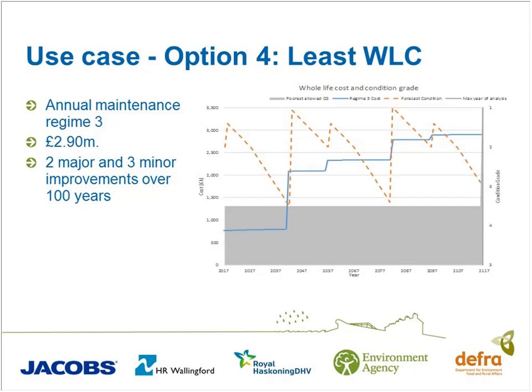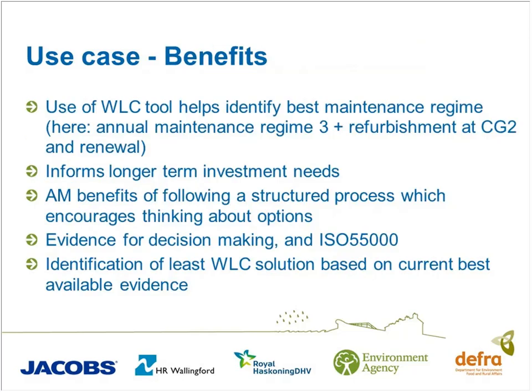You can see in the condition profile we've got the asset moving from condition grade 2 to about 1.5 through some minor improvements over the asset life, and that's enabled us to extend the life a little bit further as we move forward and produce a slightly lower whole life cost.